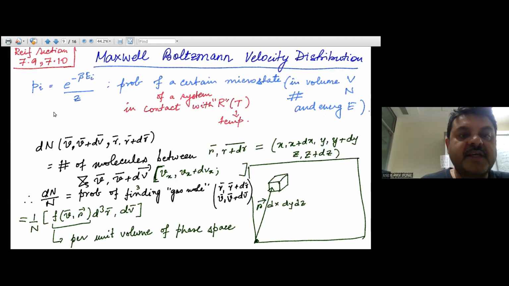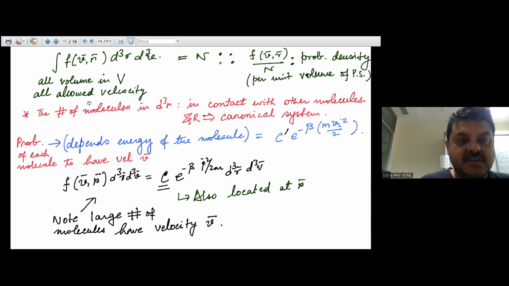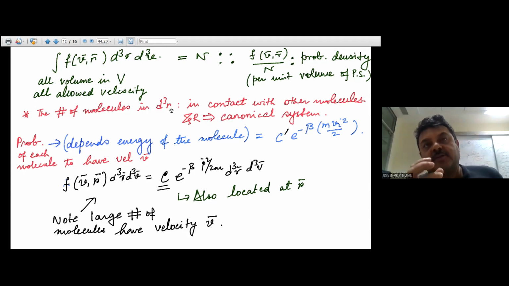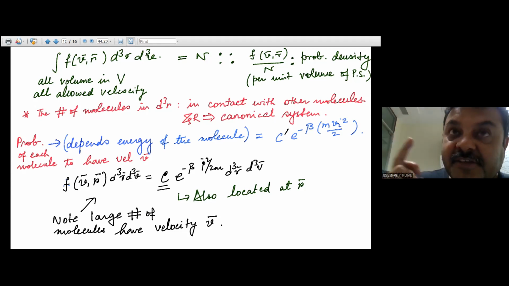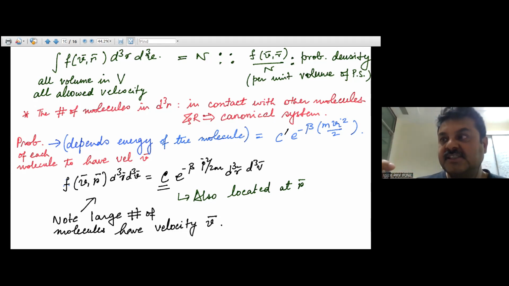So what I'm saying is, suppose we look at a particular molecule within the room, within that small volume element d3r. It is surrounded by that entire system as well as the molecules in d3r, and the probability that that molecule is going to have higher and higher energy goes as e to the power minus beta Ei, where Ei is the energy of that particle.